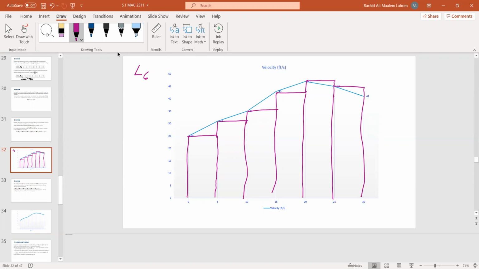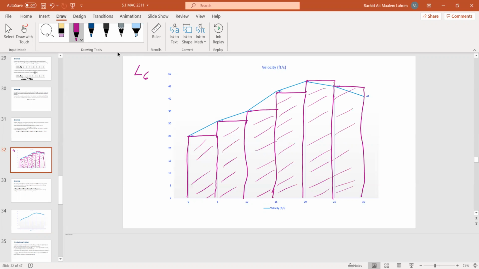You see this is not increasing, so we can't say whether it's an overestimate or an underestimate. These are the rectangles that, if we add them, give us an idea about the area under this curve, which is the distance we're looking for.